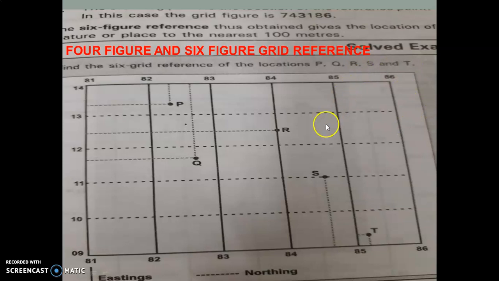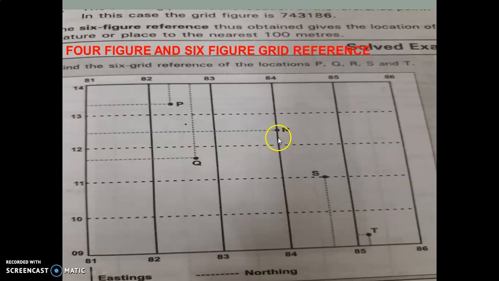Then R. What is the 4-figure grid reference of R? R is located on the easting indicated with 84, and the northing line at the bottom of this R symbol is 12. So the 4-figure grid reference of R is 84, 12. Now to find the 6-figure grid reference, again we divide this northing line into 10 equal parts, and where the two lines intersect the point is 0, 1, 2, 3, and so on.